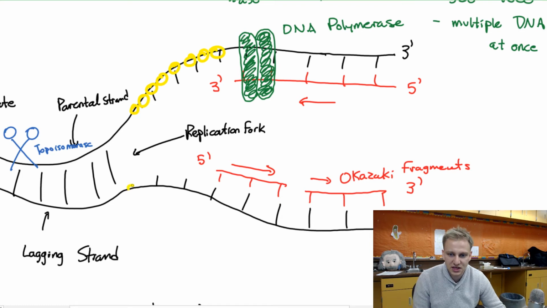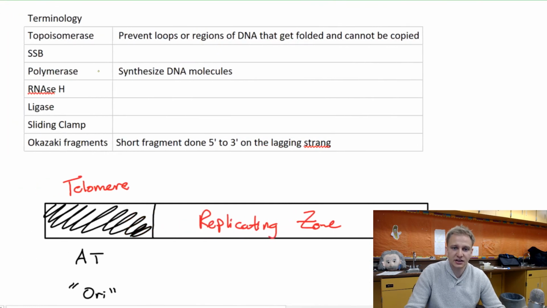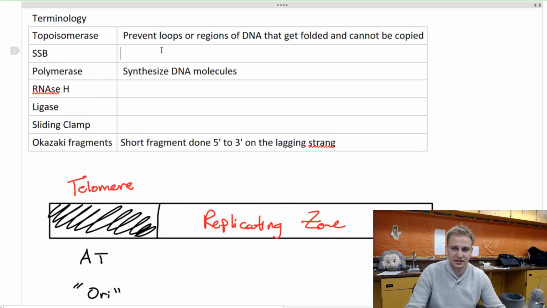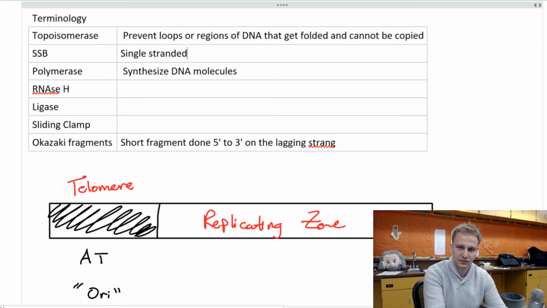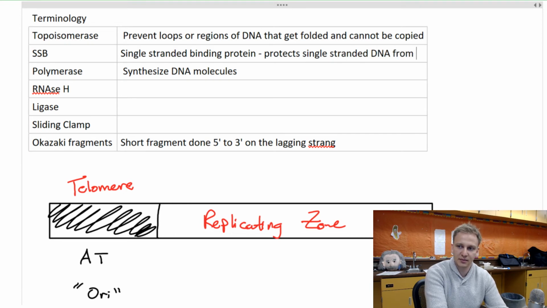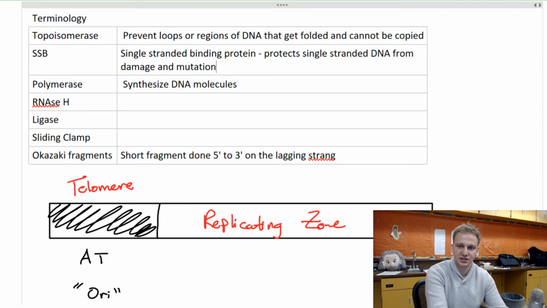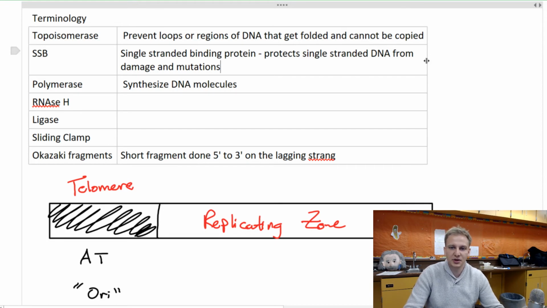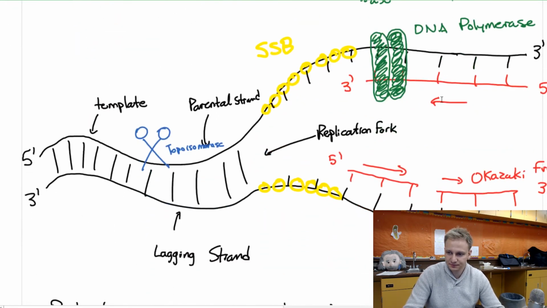And so what we'll see throughout these molecules is something called SSB. An SSB is a single-stranded binding protein. What that does is it protects single-stranded DNA from damage and mutations.